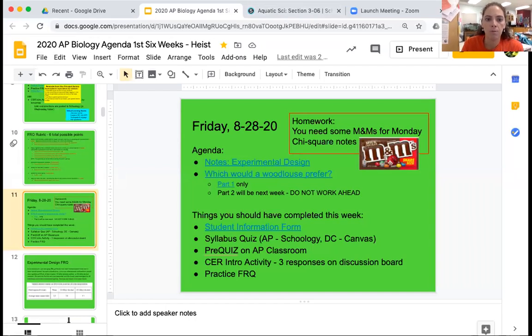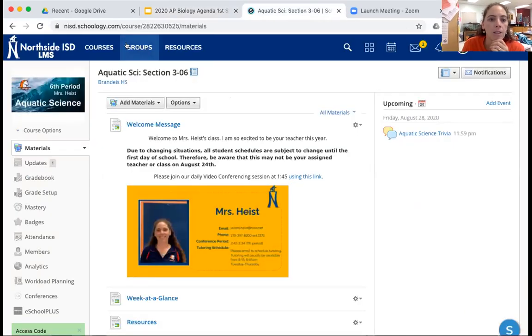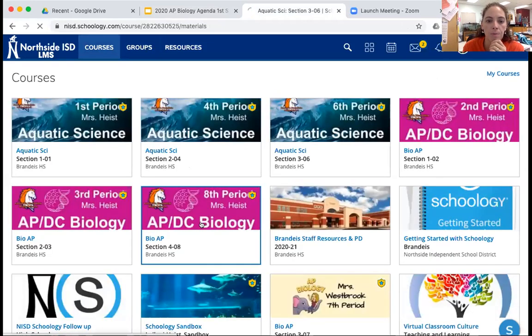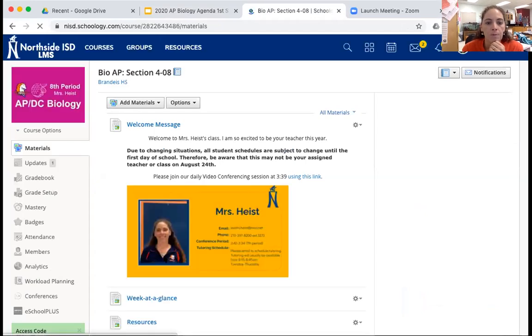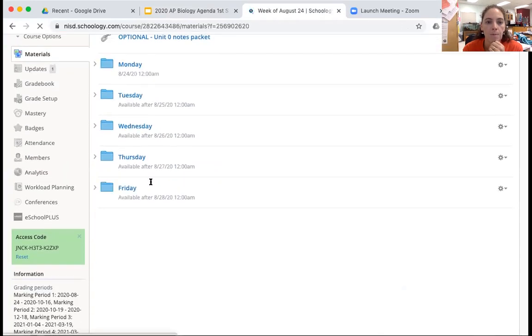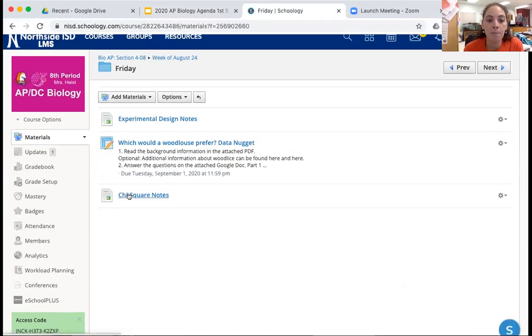Where'd my mouse go? All right. Let's go to our Schoology page. And here on Friday, you see a page that says chi-squared notes.